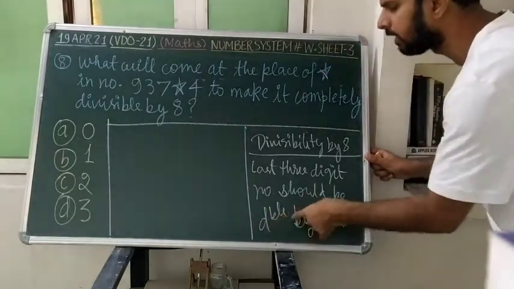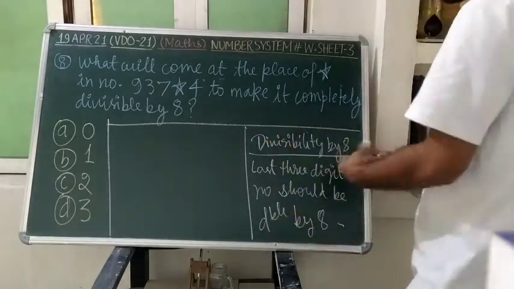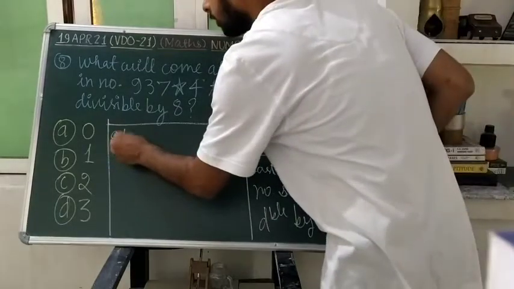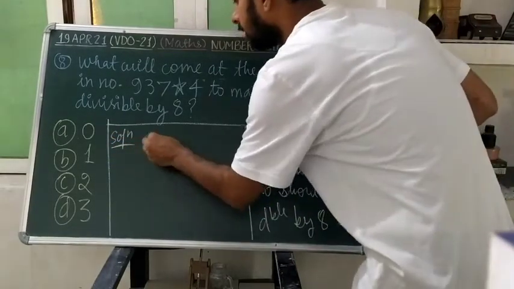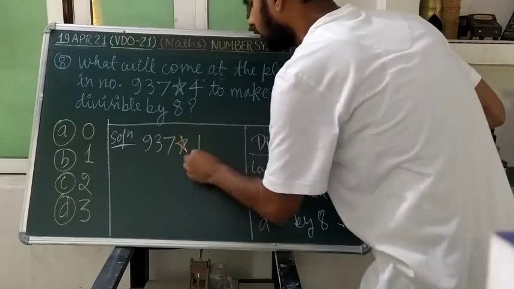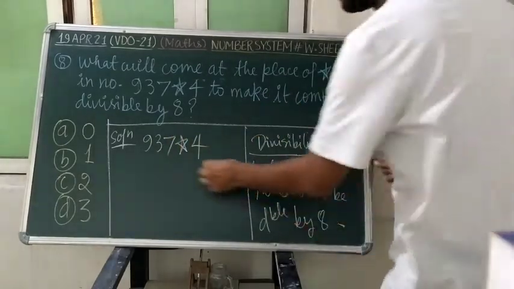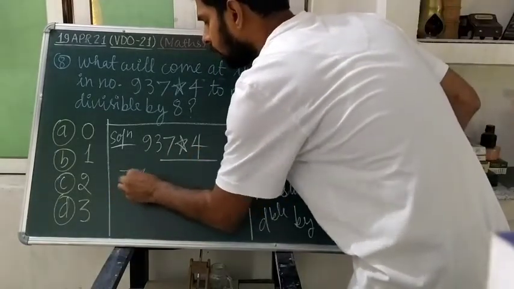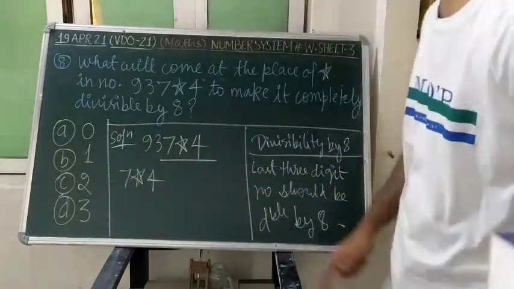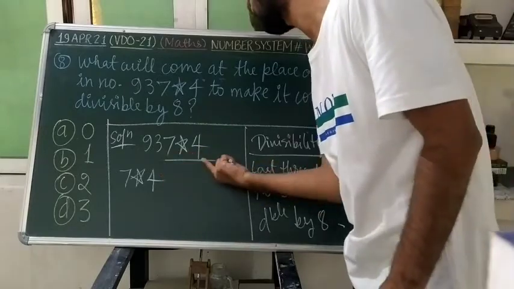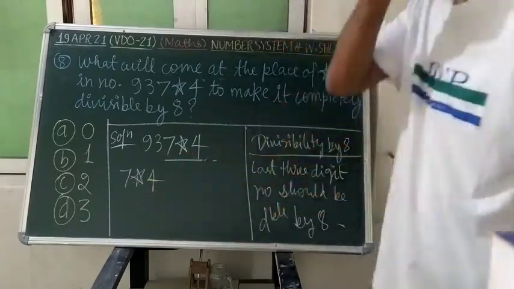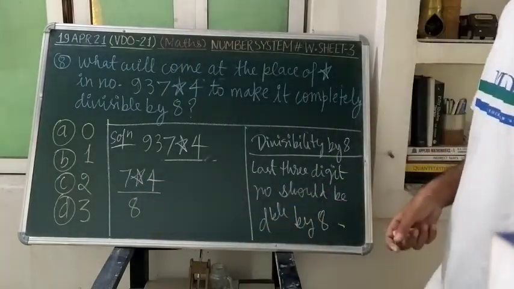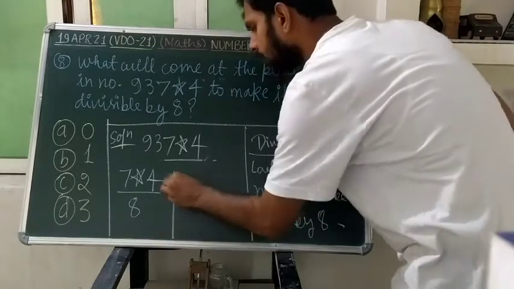So the last 3 digits are 7*4, and the number formed by the last three digits, 7*4, should be divisible by 8.